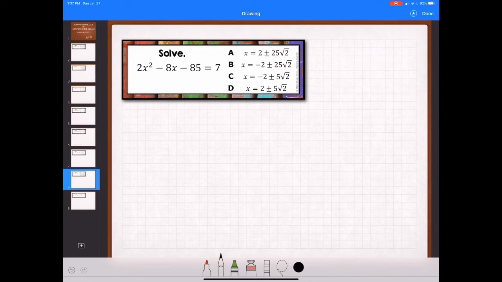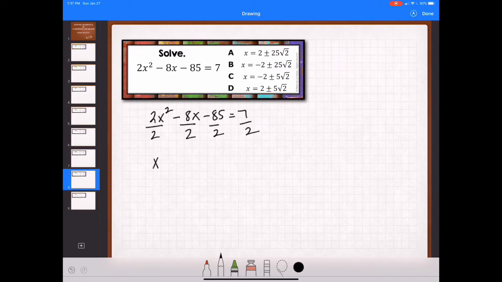Okay, same concept here, but this is going to be a little bit trickier because it doesn't look like the coefficient is going to go into all the terms evenly. You're going to end up with a fraction, which is fine. So divide by 2, divide by 2, divide by 2, all the way across.